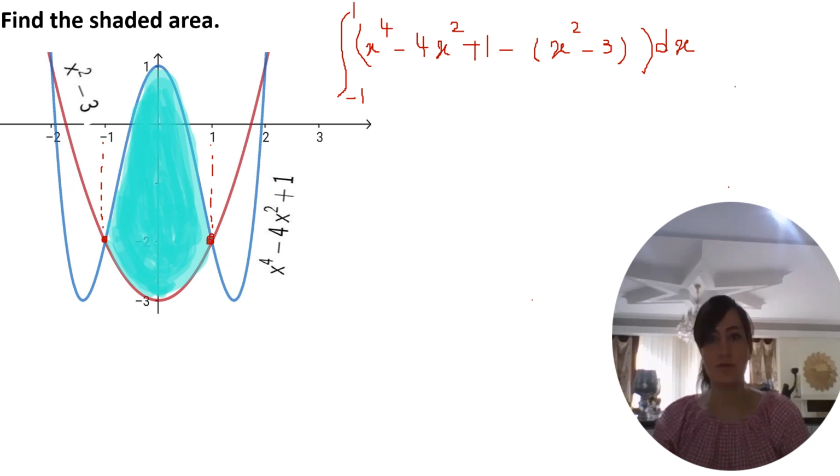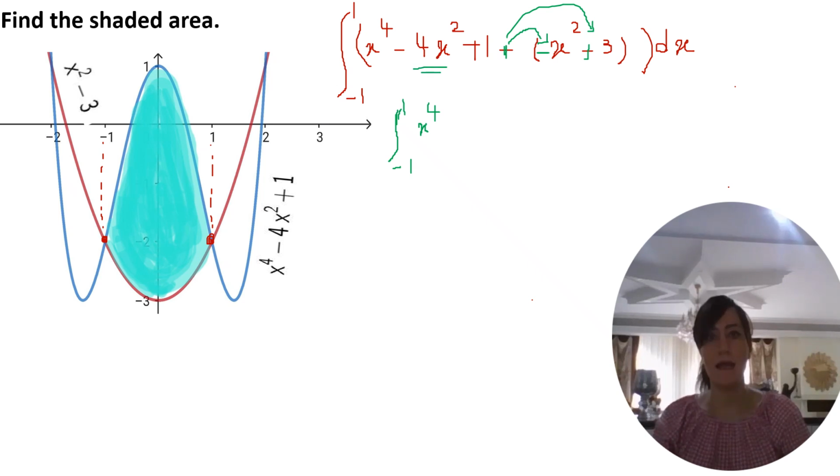First I distribute this negative sign inside the parentheses, so the sign of each term changes. I write it again, the integral from -1 to +1. How many terms of x to the power of 4 do we have? Only one term, x to the power of 4.